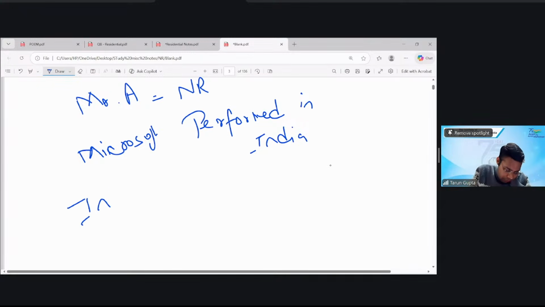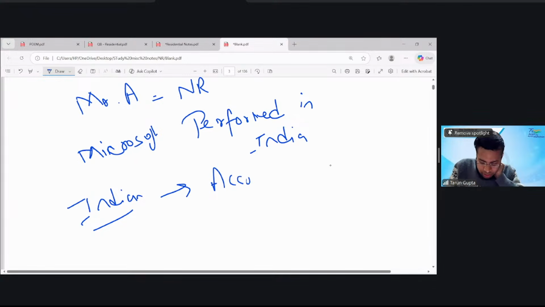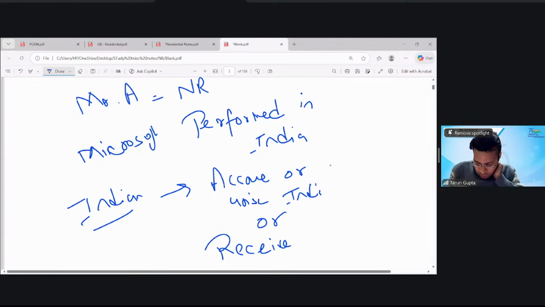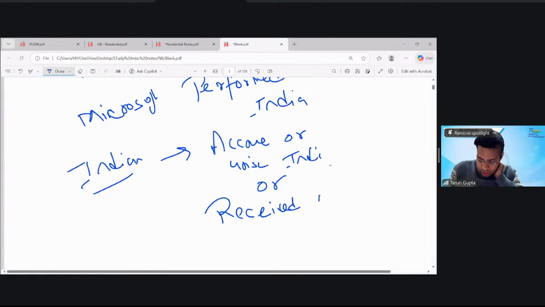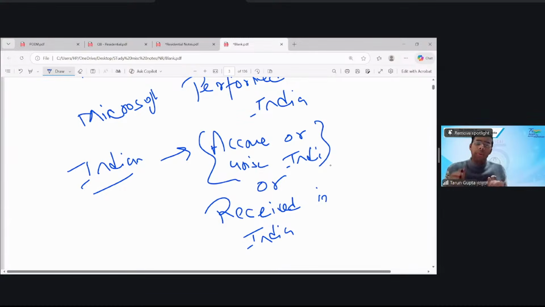There is one more concept of Indian income. What I told you, Indian income means income which accrues or arises in India. Also, it includes an income which is received in India. So the government has widened this concept. If activities are performed in India to earn such income, then such income is taxable in India, irrespective of the residential status of the recipient.